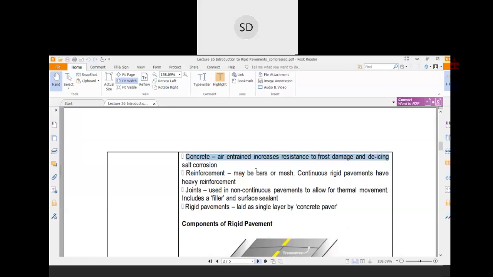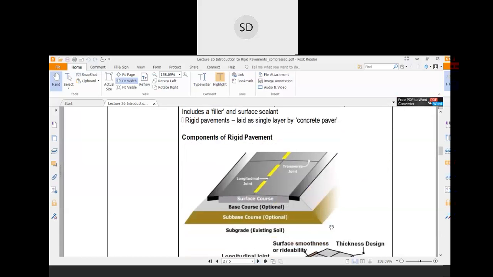So you need to carefully design the different joints of the rigid pavement. These are the components of the rigid pavement. There are two types of joint: one is longitudinal joints and another is transverse joints.